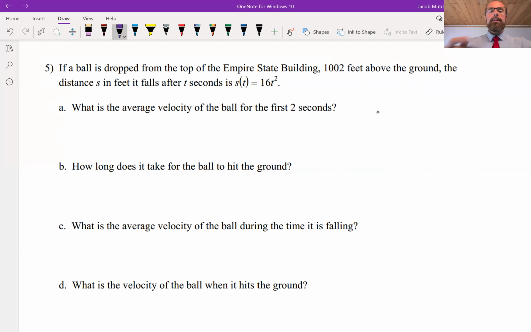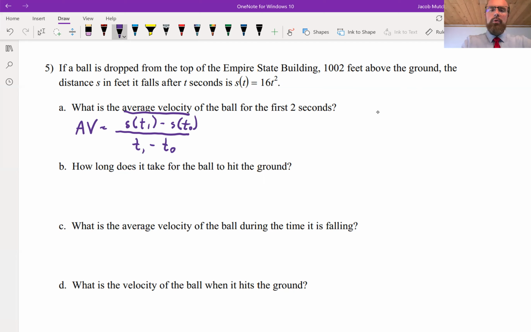And what that tells me is to pick up the average velocity formula. So average velocity, again, is the one without the limit. So this is going to be s at t1 minus s at t0 over t1 minus t0.